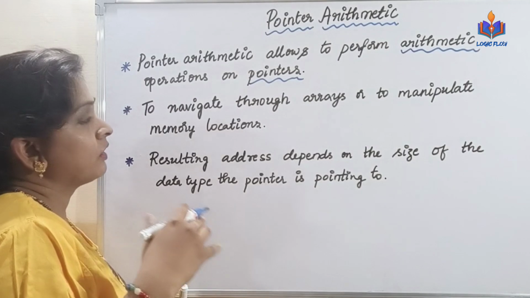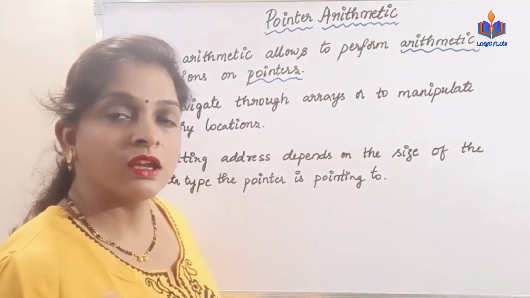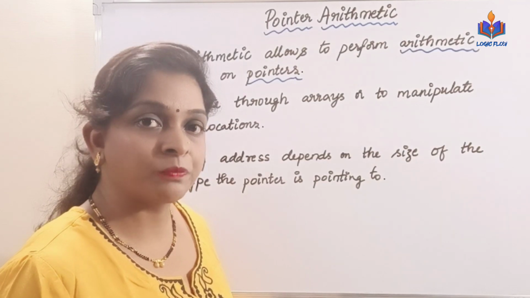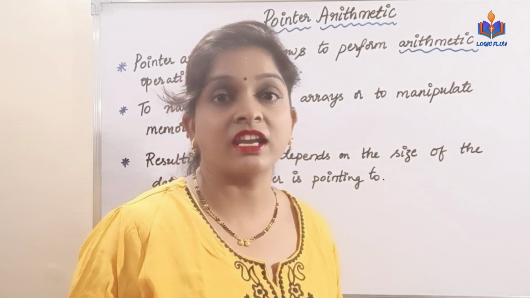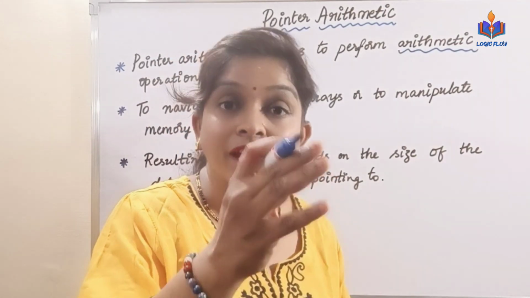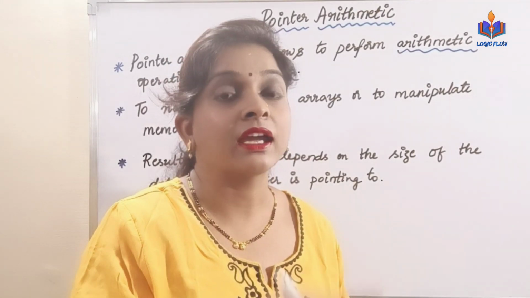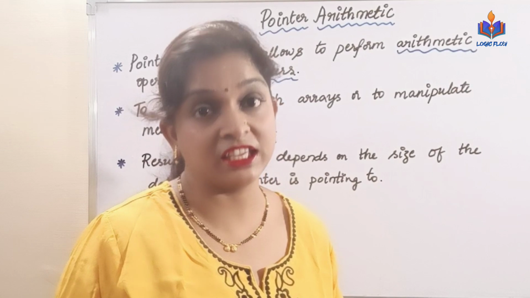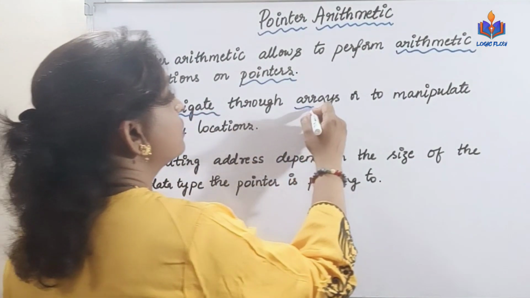Then why do we have to perform arithmetic operations on pointers? When we are storing elements in an array, sometimes it is quite difficult to access the elements of the array one by one or randomly. But we can do that using pointers. Through pointers, I can access the array elements very easily and navigate through arrays.